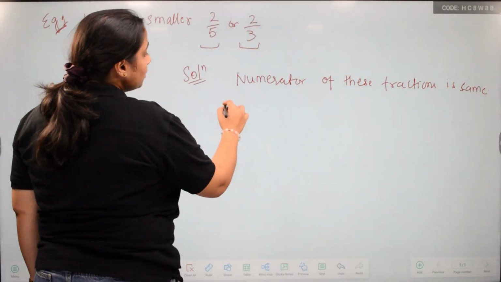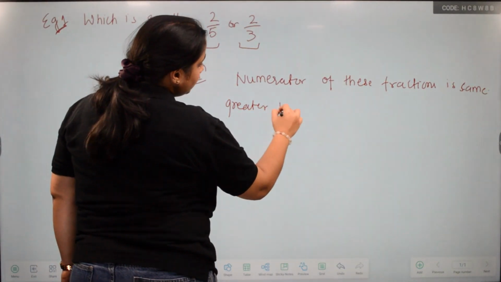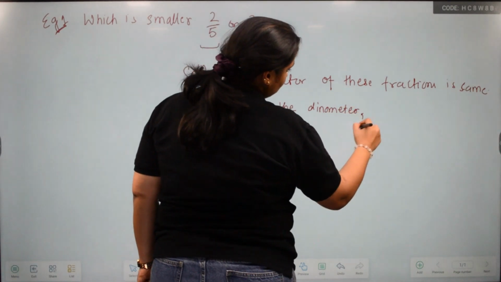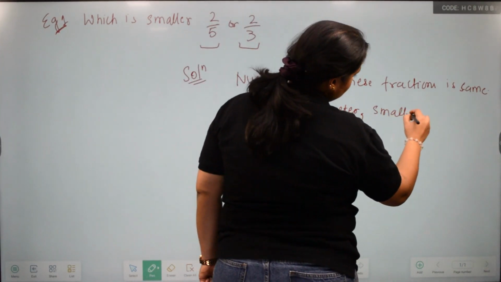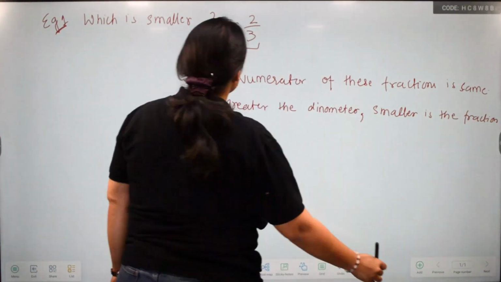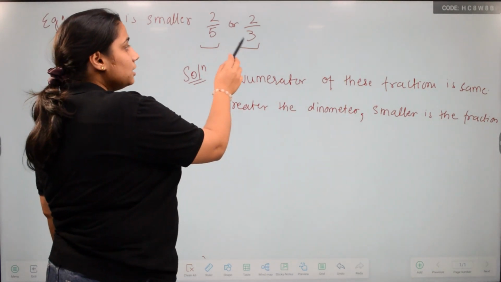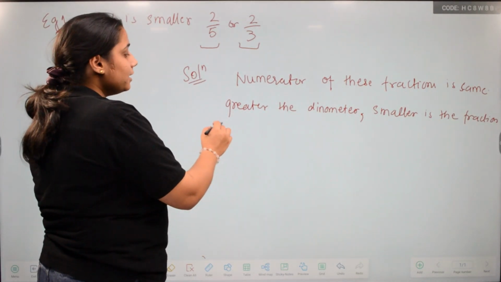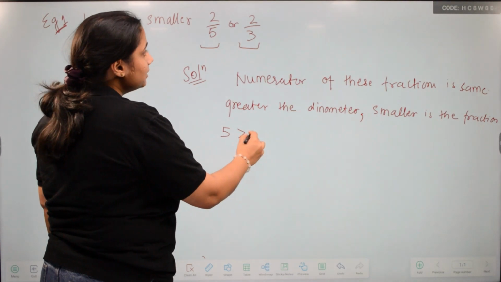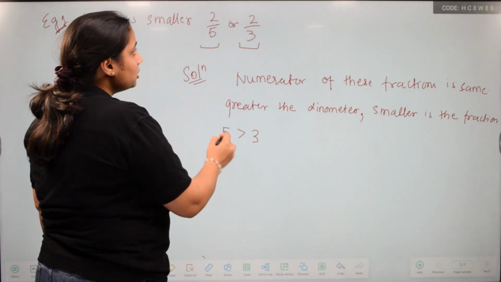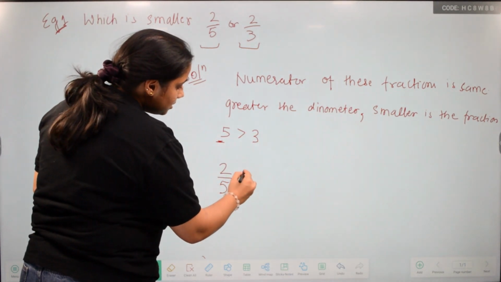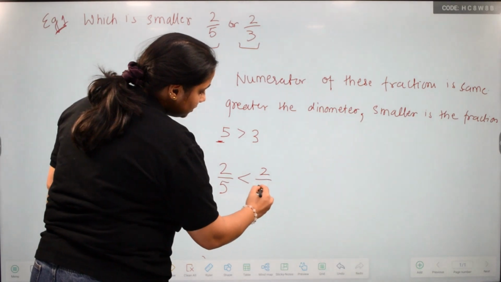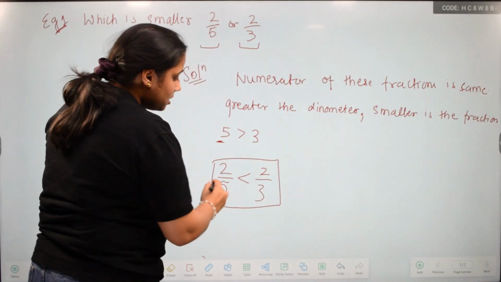And we know that greater the denominator, smaller will be the fraction. So we can see that 3 is smaller than 5. Hence, here we can see that 5 is greater than 3. So the fraction 2 by 5 is smaller than 2 by 3. So this is our required answer.